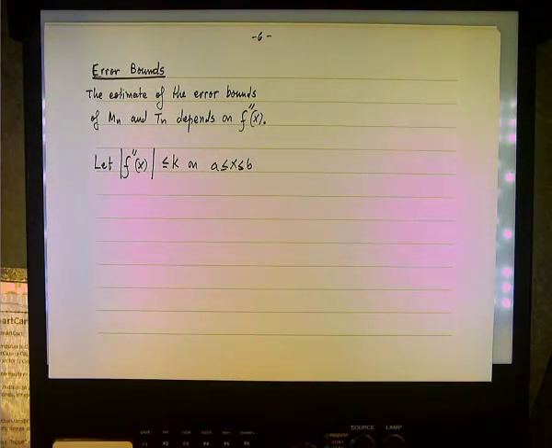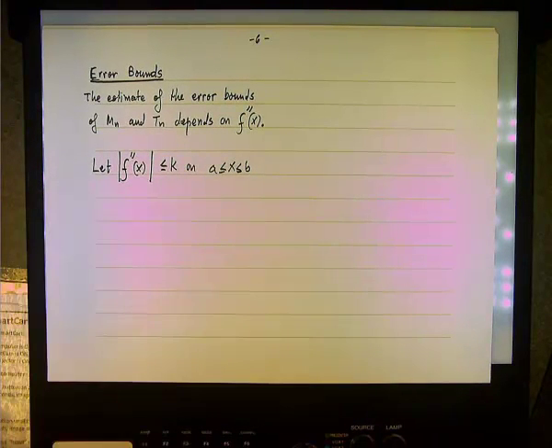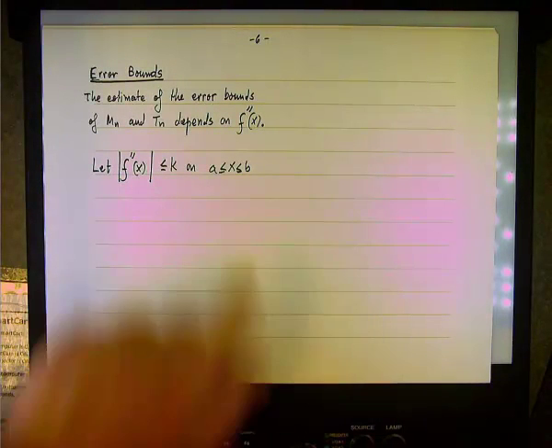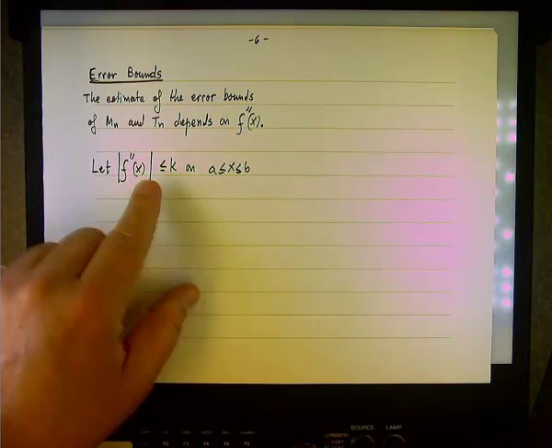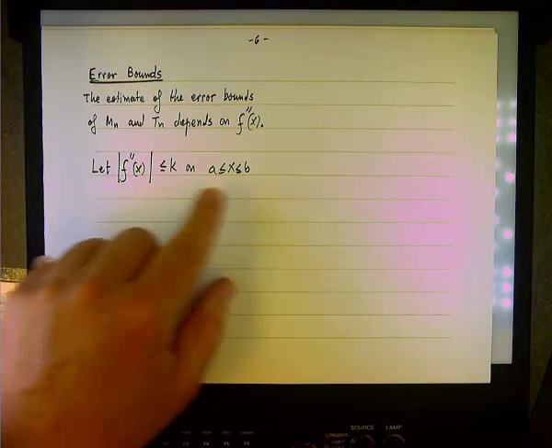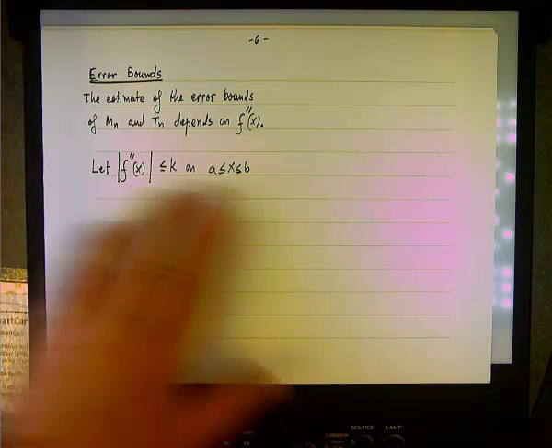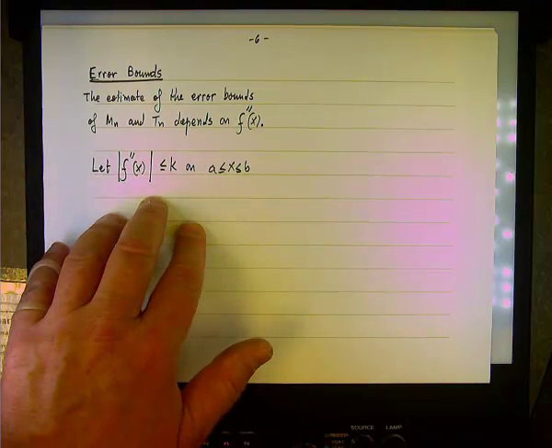Remember, we are trying to estimate the definite integral from a to b. So if you have a function f of x, and we know the second derivative, we need to look at the largest possible value of the second derivative on the interval. That's what this statement is.